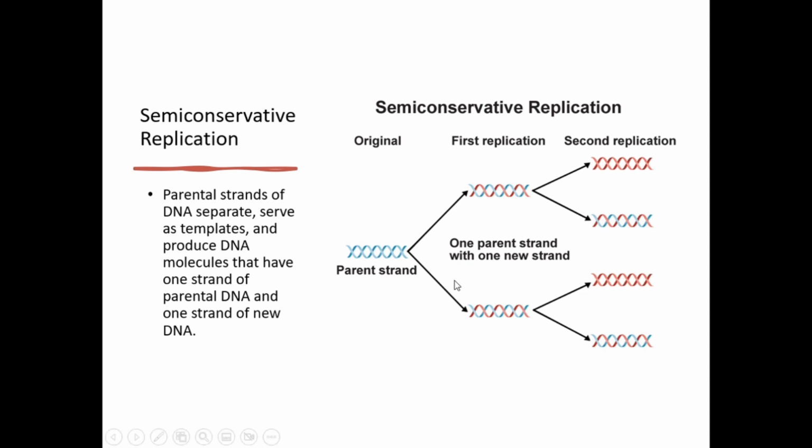Here the parent strands unwind and separate from each other, and they act as templates for the production of new or daughter DNA strands. So in each new DNA molecule, one strand is the old or parent strand, and the other strand is the daughter strand.